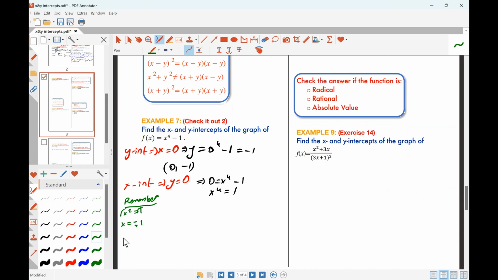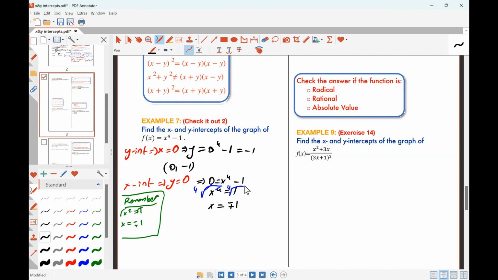So similarly, here we have an even power, and we're going to take the fourth root of both sides. The power and the index number are the same, like this. It's an even power. They will cancel each other, so we will be left with x equals plus and minus 1.